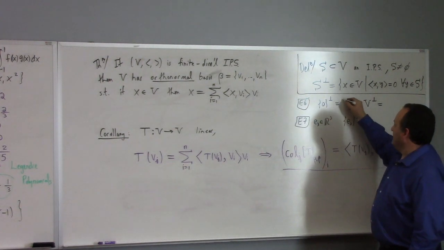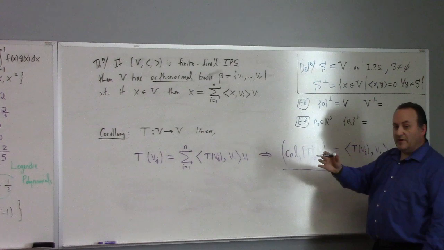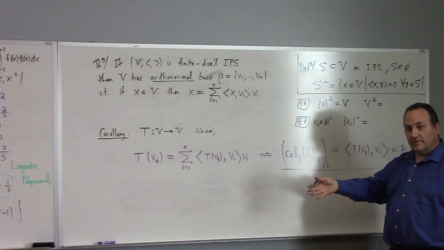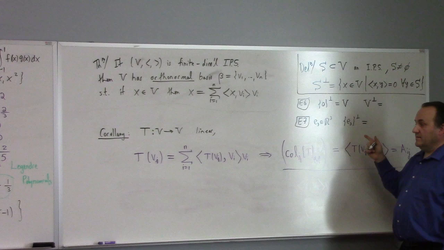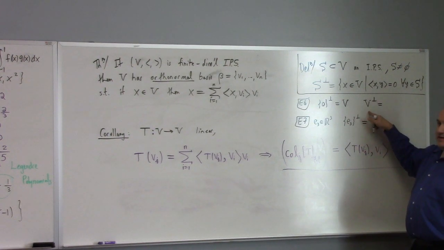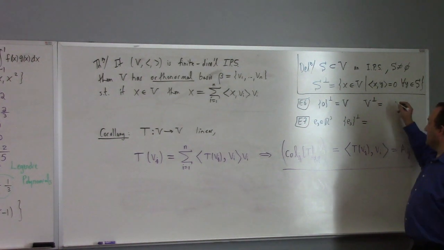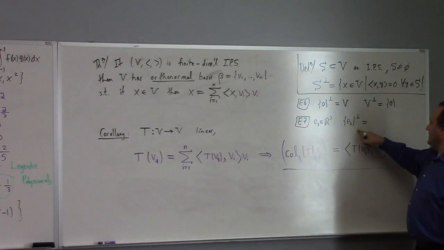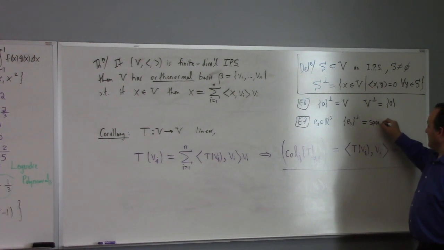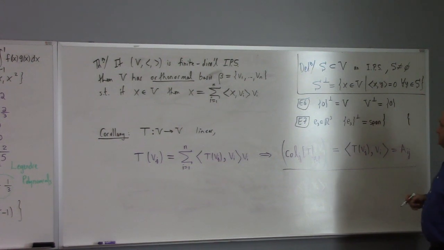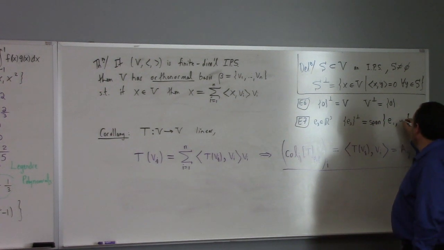The whole space, right? So inner product with 0 is 0 for every vector in V, right? Therefore, 0 perp is V. V perp, on the other hand, is saying that it's the vectors which are perpendicular to every single possible vector in V. And we had a cancellation property for the inner product, and that cancellation property would prove that this has to be 0, only 0. What do you guys think this is? I'll start you off. Span of what? E1, E2. There you go. So the perp to the z-axis is the xy plane.